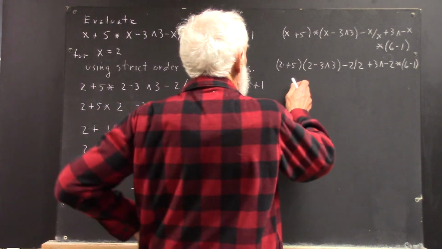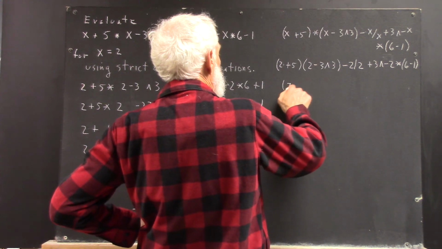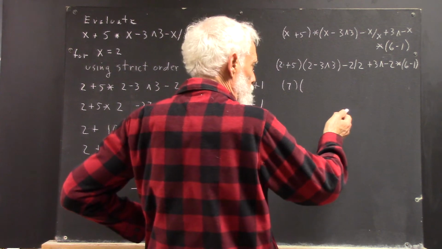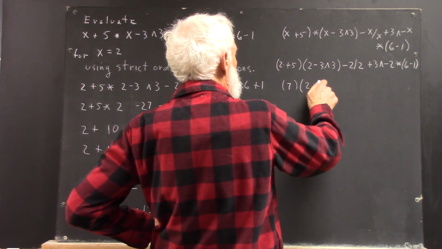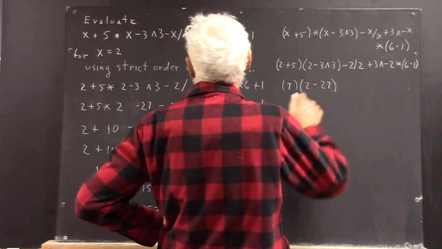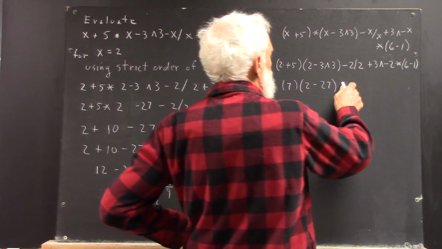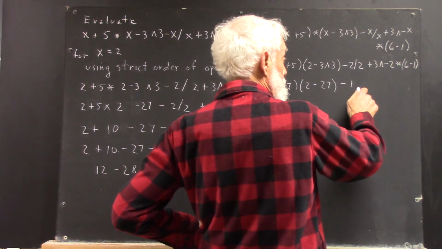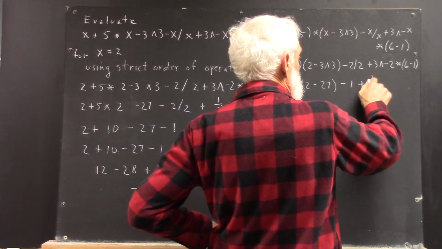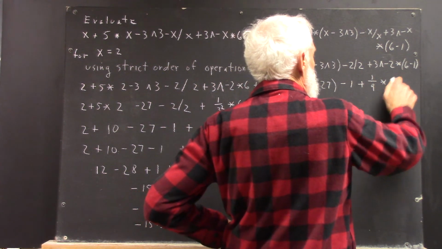Okay, so what do we do? Well, we do what's inside the parentheses. We have 7 times 2 minus 3 to the third. Well, that's going to be 2 minus 27. And then we have minus 1 plus 1/9 times 5.